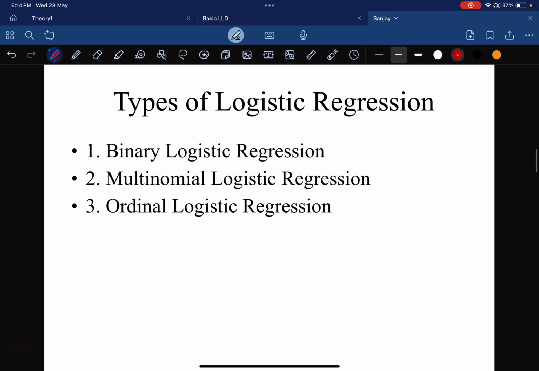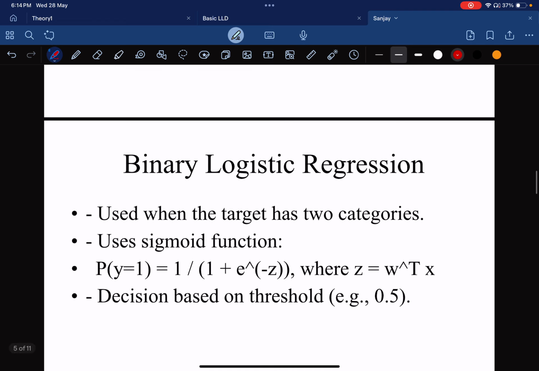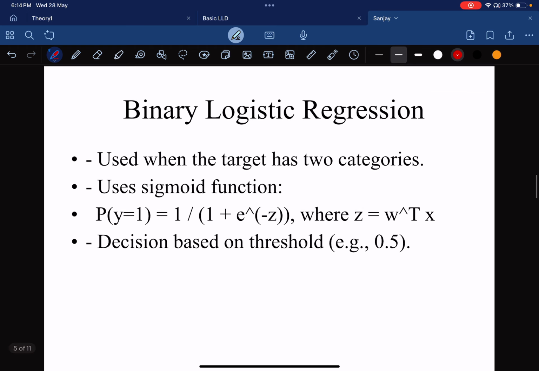There are three types of logistic regression: binary logistic regression, multinomial logistic regression, and ordinal logistic regression. First, we will see binary logistic regression. From the name itself, we can understand that there are only two classes. Let's take class 1 and class 2, and each class has its logistic equation.